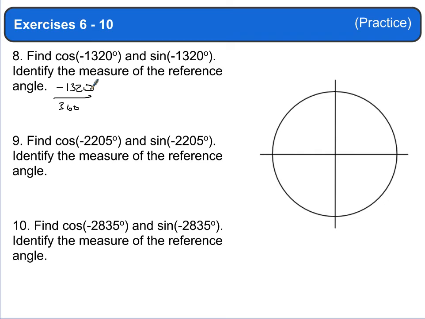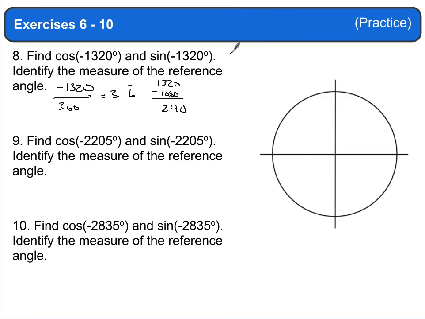So 1,320 divided by 360 is equal to 3.6 repeating. And so 1,320 minus 360 times 3, that's 1,080. And so we're going to get 240.